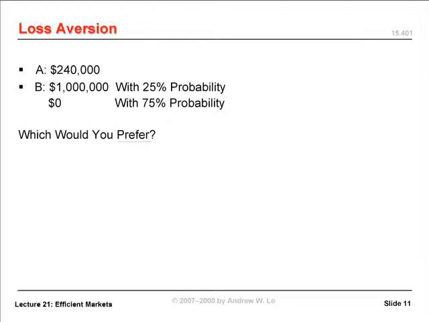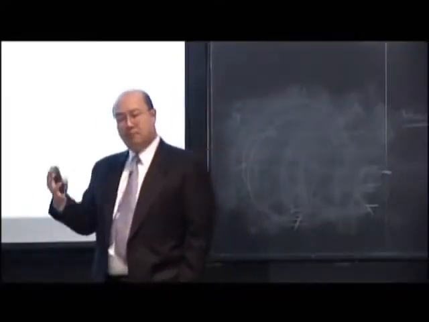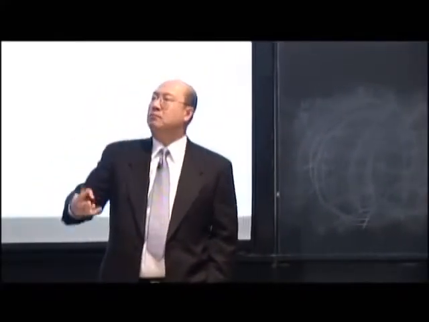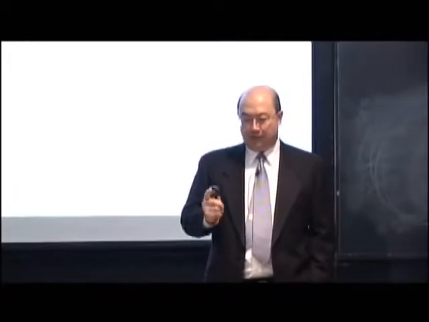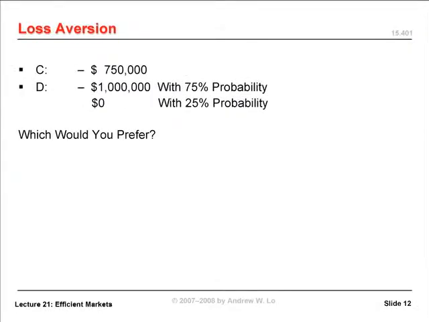So even though B has a higher expected value, more risk, more expected return, like the CAPM says you should have, nevertheless, most of you, as a personal preference, would pick the less risky alternative, A. Now, when you're confronted with losses, as you recall from the example, most of you picked not the sure loss, but rather the gamble that actually might cause you to lose even more, but might also allow you to get back to even.